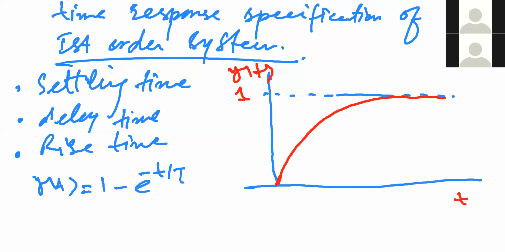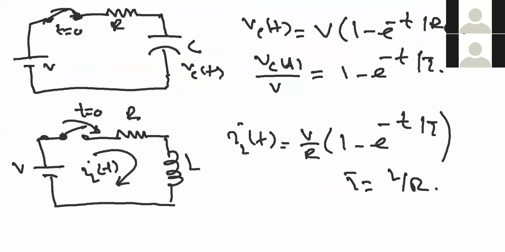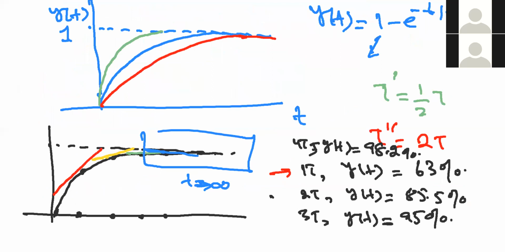When we said that earlier, we said that for one time constant there will be the changes. So you see, for one time constant this much changes, for two time constants this much changes, for three time constants 95% of the value, and then for four time constants 98.2% of the value.